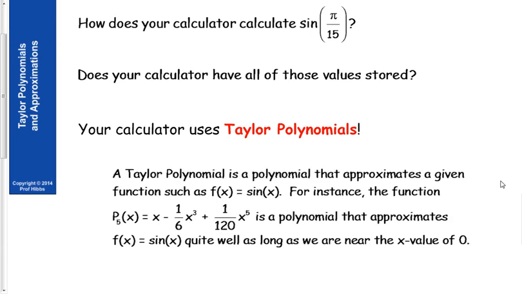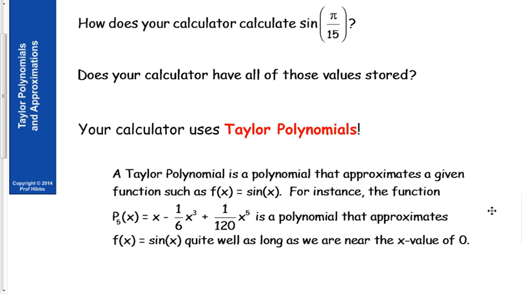A Taylor polynomial is a polynomial that approximates a given function, for instance, f of x equals sine of x. And in this particular case, a Taylor polynomial, and there's lots of them, represented as p subscript 5 of x for this sine function, is x minus 1/6 x cubed plus 1 over 120 times x to the fifth.